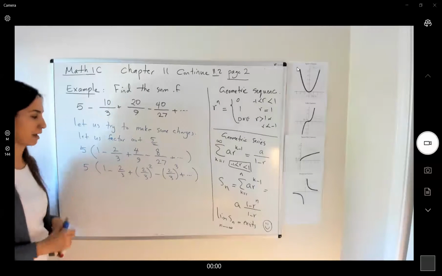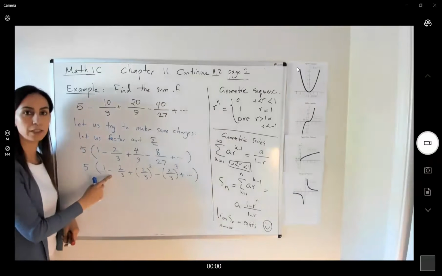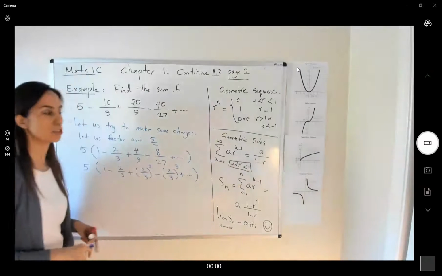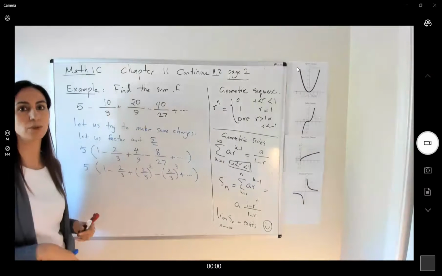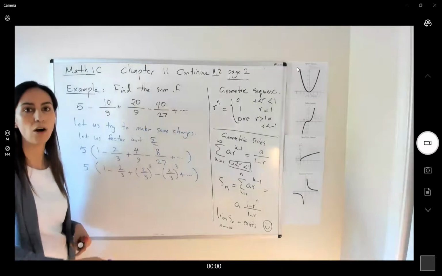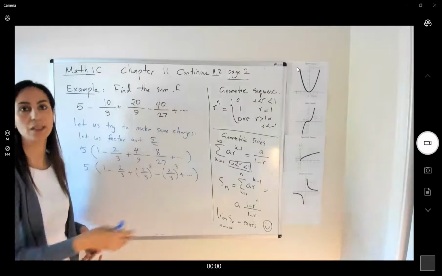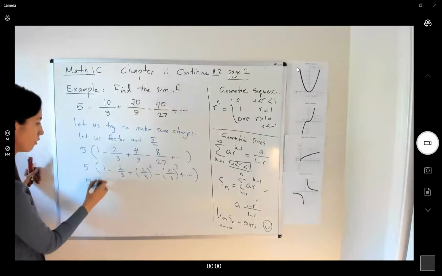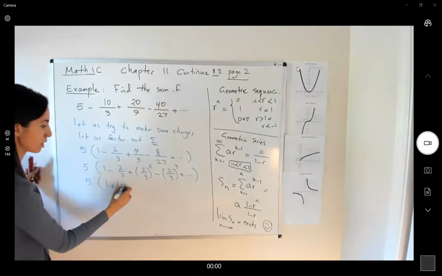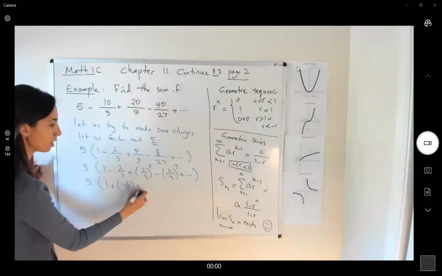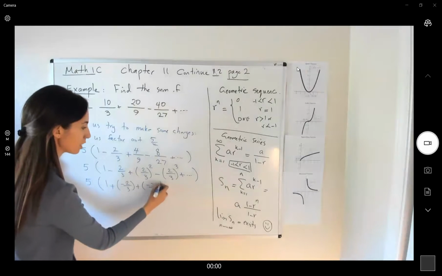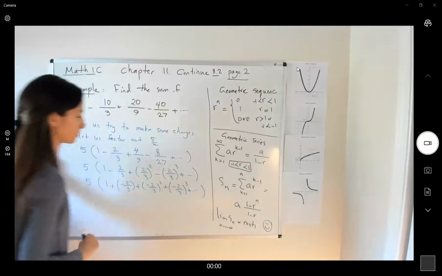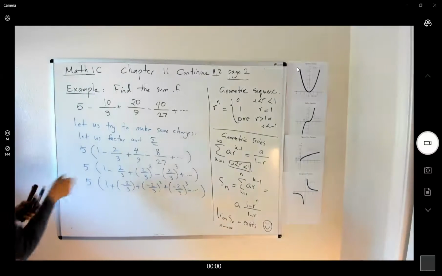Now somehow I need to get rid of this negative sign, because if you remember our geometric series, everything is plus: a plus ar plus ar squared plus ar to the third, and so on. So what I'm going to do, I'm going to write it this way: 5 times (1 plus (negative 2/3) plus (negative 2/3) squared plus (negative 2/3) to the third plus the rest). Okay, let us compare this one.